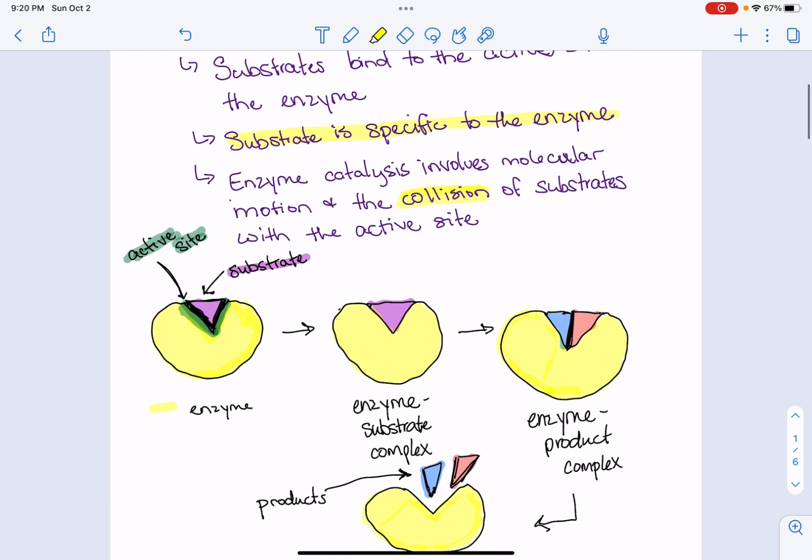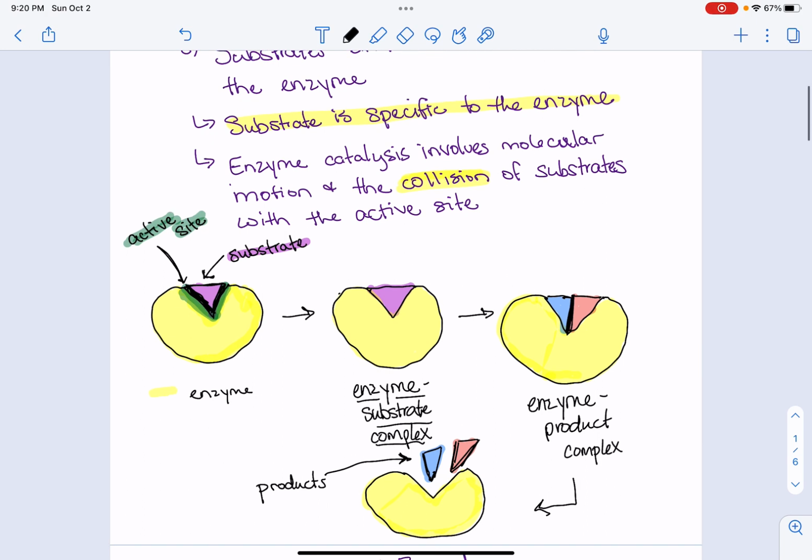Once they bind, you have what's called the enzyme substrate complex, which looks like that. And then the reaction occurs, the products are formed, and this is called the enzyme product complex, and then the products are released.